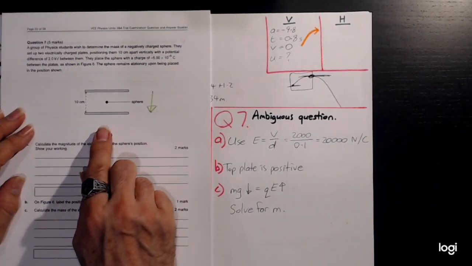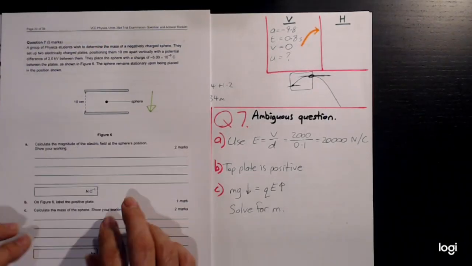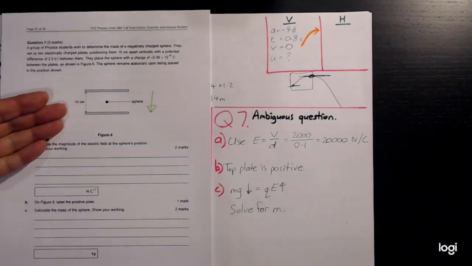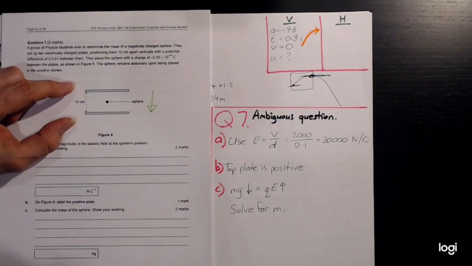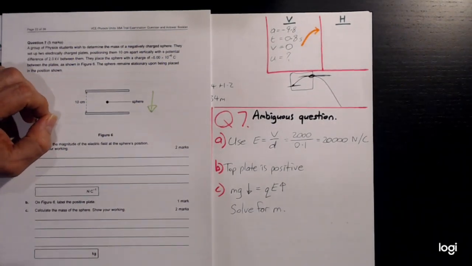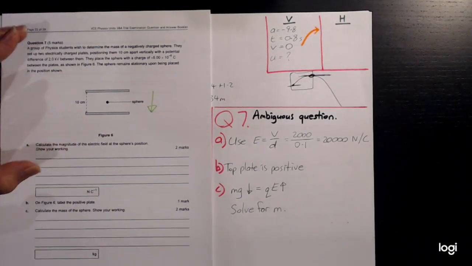They didn't say viewed from the side, or they didn't say top sphere and bottom sphere, etc. They mentioned it later on. But they've just assumed that you realize that, for example, you're not looking down on this from above or up from below, that it's just looking straight ahead, and that's directly above that. The VCE rarely makes mistakes like that.